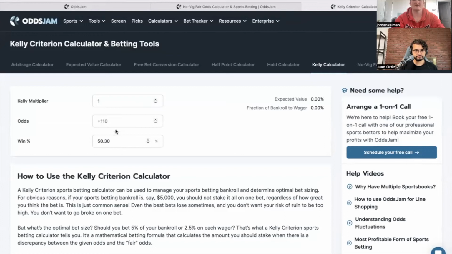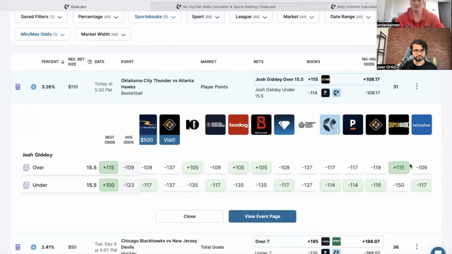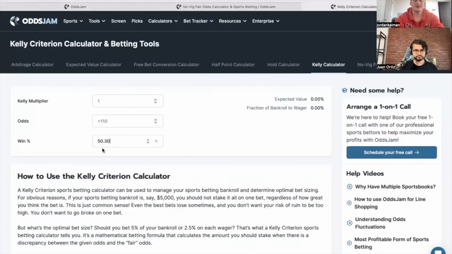Now, the Kelly calculator is a way to find your expected value by plugging in the odds that you can get it at. Well, I can get it at plus 115, which I'll put right there. And I'll set this to 1. You can set it to 0.5, it doesn't change the EV, it just changes the bankroll amount.